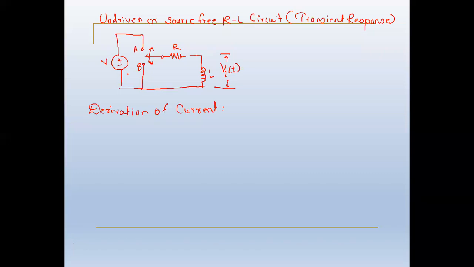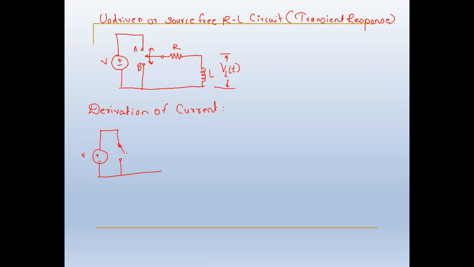So what will happen? The network will attain a steady state condition. In the steady state condition, the inductor acts as a short circuit. So how will your circuit be now? Your circuit will be like this: this is the voltage source, then a connector or contactor.